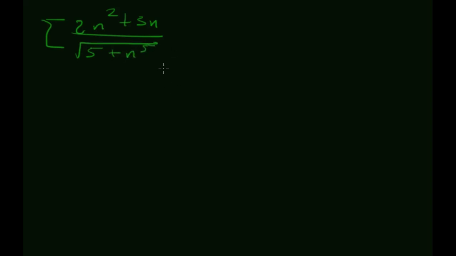Erg. Okay, no idea what to do there. So let's do some thinking here. If I have just the two fastest terms, right? So I have the 2n squared up top and the n to the 5/2 in the bottom, right? The square root of n to the 5th.